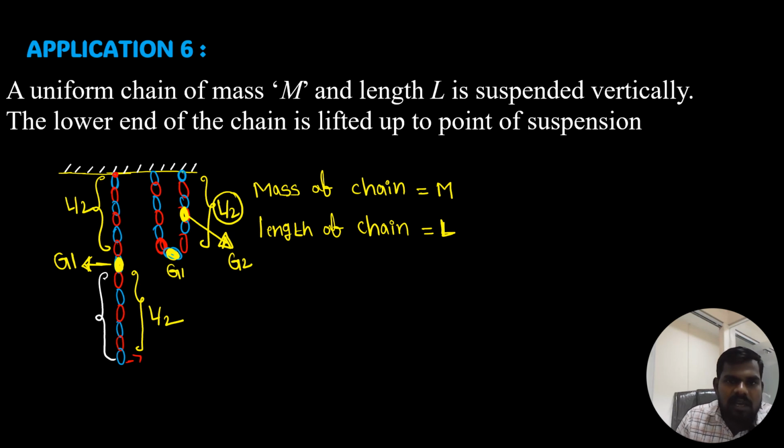Total mass is capital M, and the lower part I'm considering has mass M divided by 2. The height is upward, and the weight is acting vertically downward.